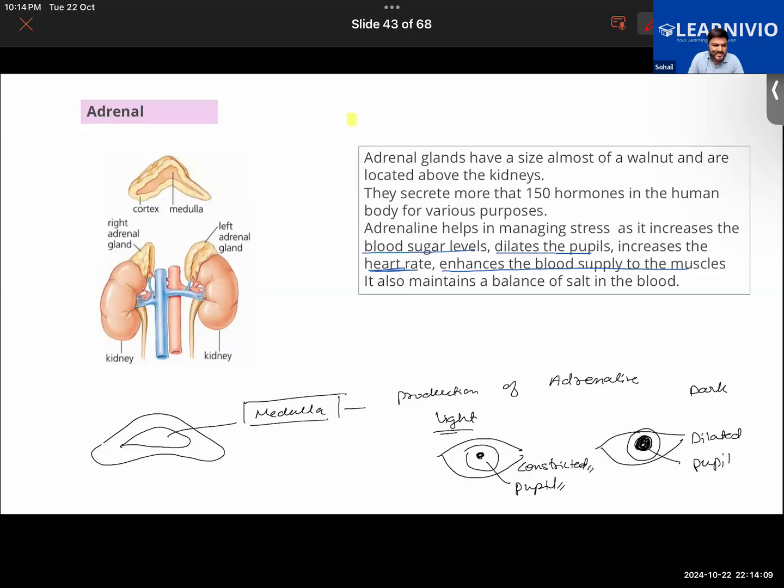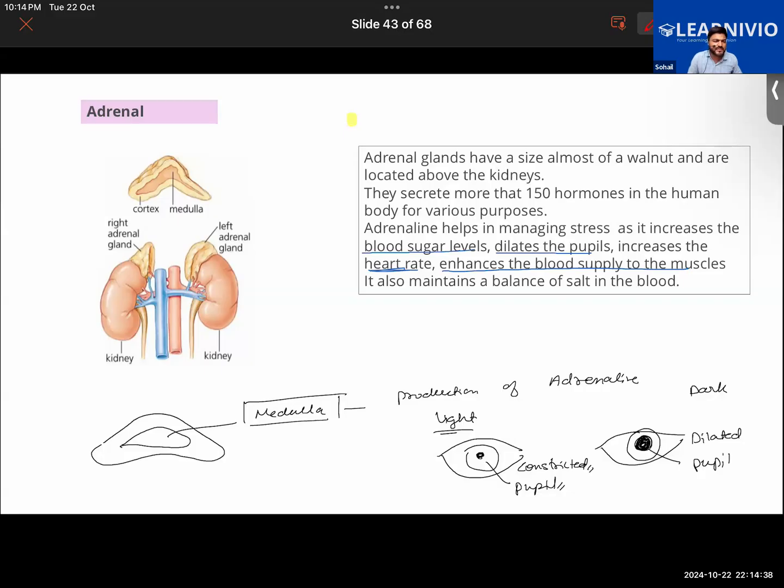Now, suppose the production of the adrenaline hormone increases, and too much of it is secreted, like if we are in a dangerous situation. What will happen then? There'll be an increased heart rate. Could it lead to a heart attack or something?